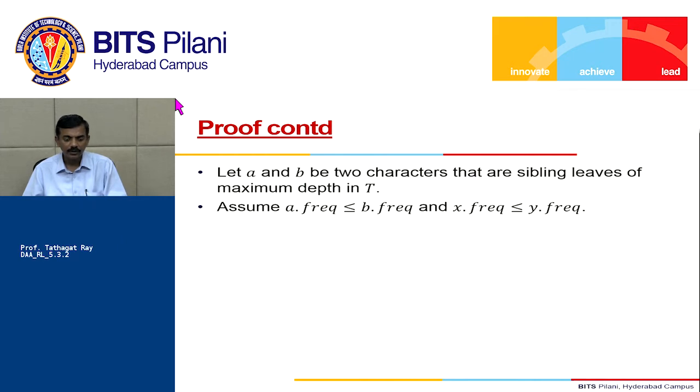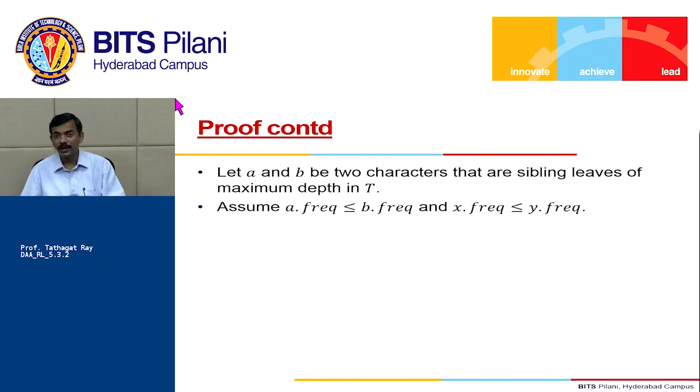Let's say, without loss of generality, that the frequency of A is less than or equal to the frequency of B, and of course the frequency of X is less than or equal to the frequency of Y. What are X and Y?